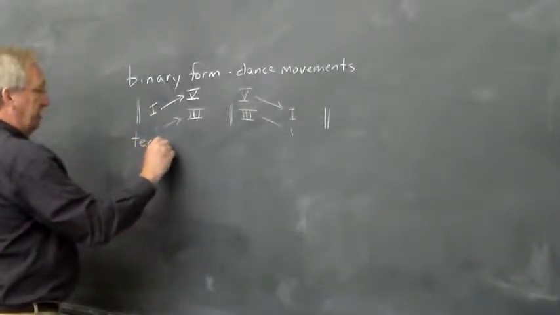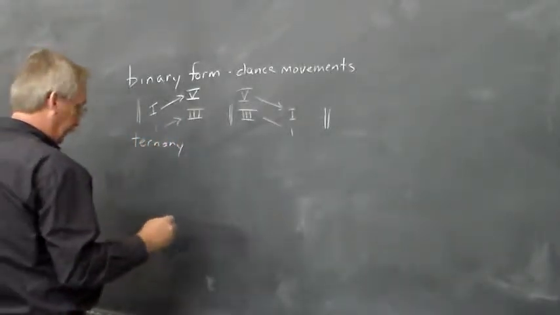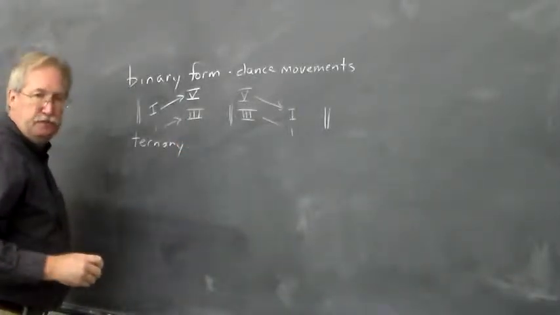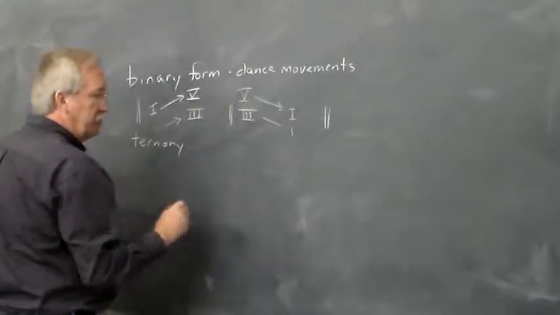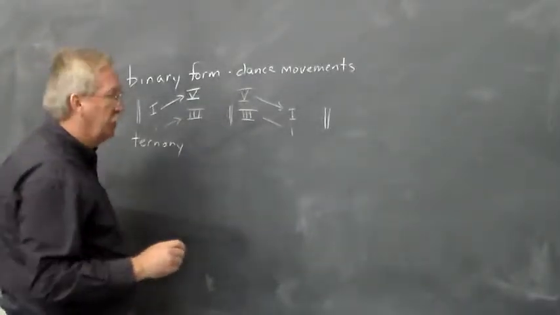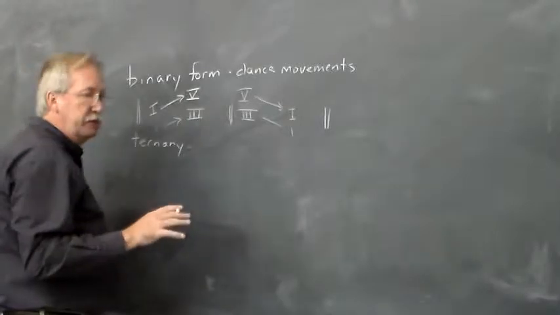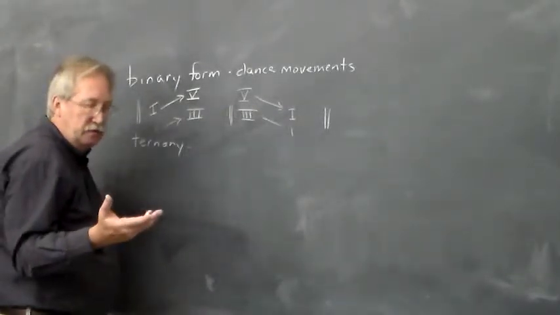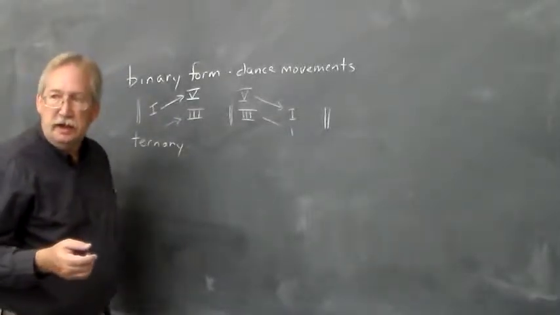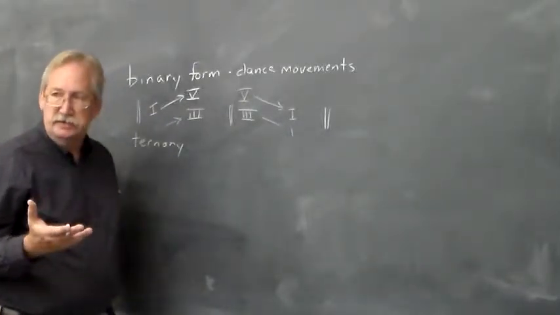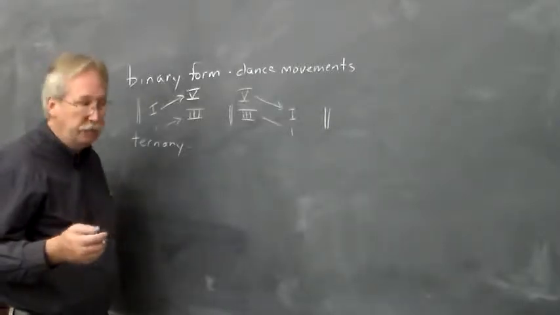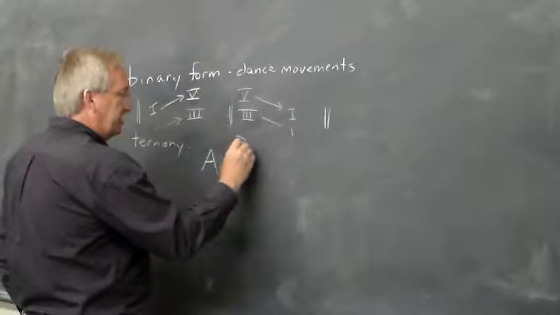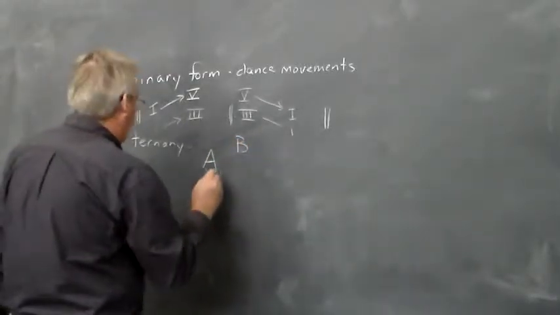The other form that's listed here in your chart on page 165 is ternary. The basic place that you see that is in the most popular type of form associated with opera seria, which is a type of Italian opera, meaning serious opera, that developed in the 1710s and became really popular, and it had this type of aria that's called a da capo aria.